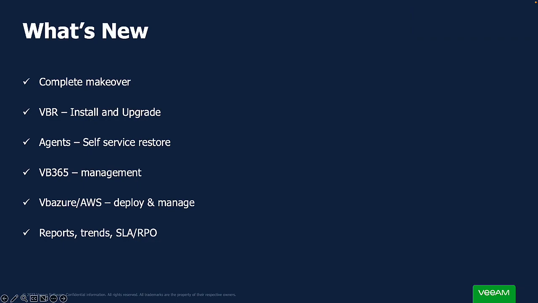You can also upgrade major versions from 10 to 11, 11 to 12. Veeam Agent for Windows, we now offer self-service restore of files for either the customer or yourself. Veeam Backup for 365, as well as public cloud workloads. Some more integration with SaaS and cloud workloads we're going to get into. And just better reporting, dashboards, things of that nature.